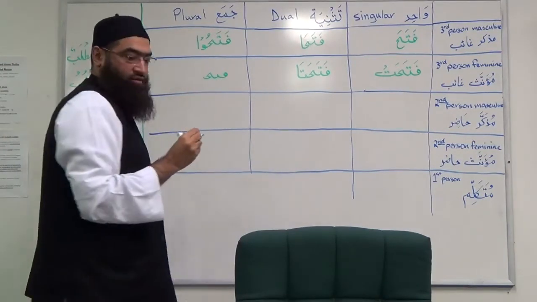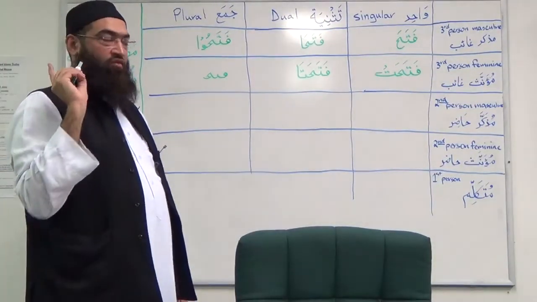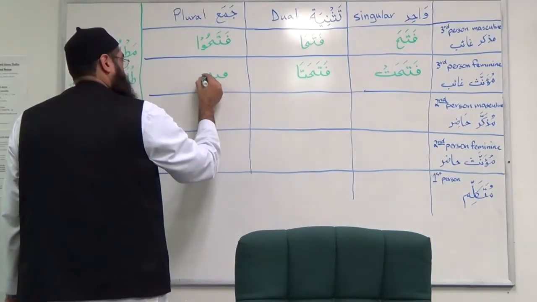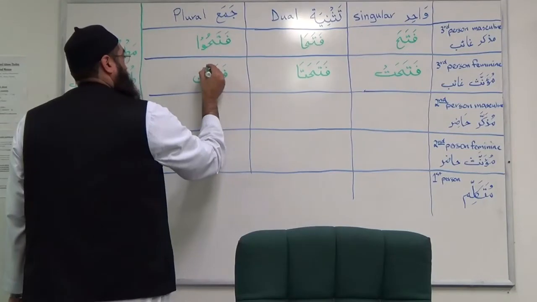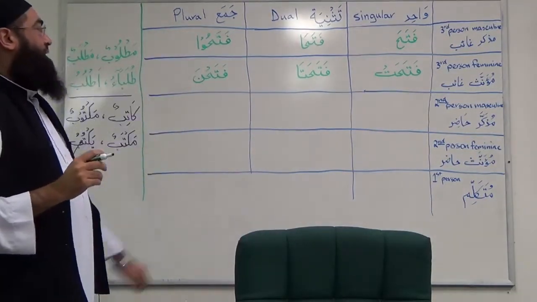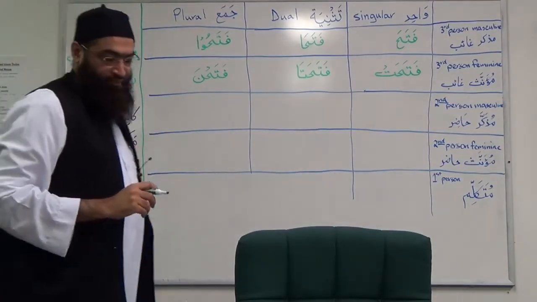Who can tell me? Noon. So noon, noon with a fatha. Good job. There's somebody who is alert. Alright. Fatahna. So noon with a fatha on top. All those ladies opened the door.